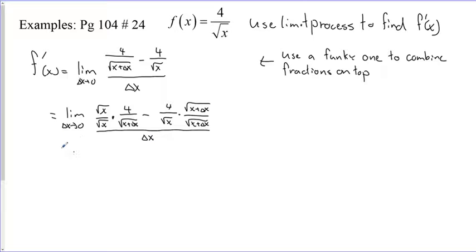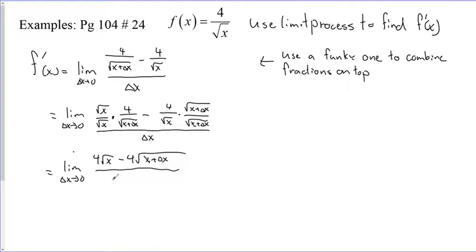All right, so simplifying. Now we have the limit as delta x goes to 0, and I would have 4 square root of x plus delta x minus 4 square root of x. And I'm not going to multiply what's underneath out.